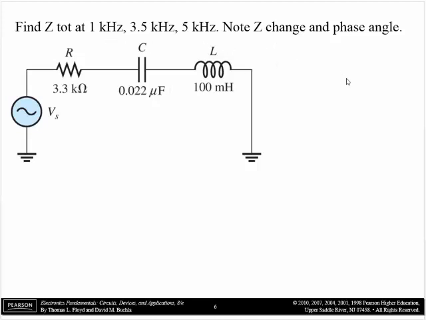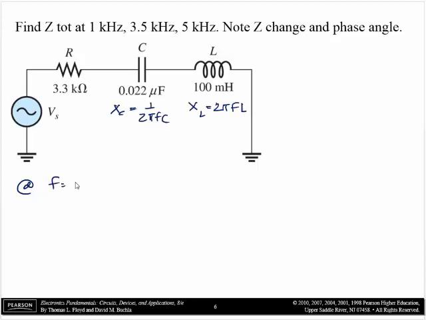Note how the value of Z changes, and the phase angle. For each of those frequencies, you have to find XC, which is 1 over 2 pi FC, and XL, which is 2 pi FL. So let's just do it.